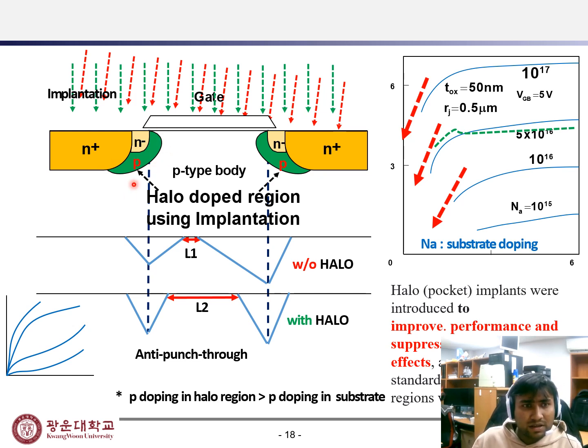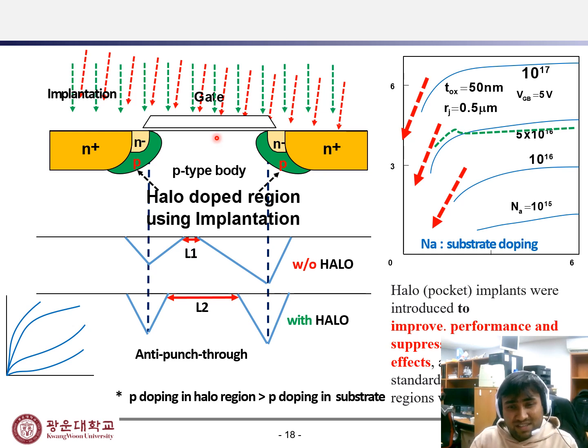If there is no implantation, without halo, the channel is too short, and that's called a short channel.